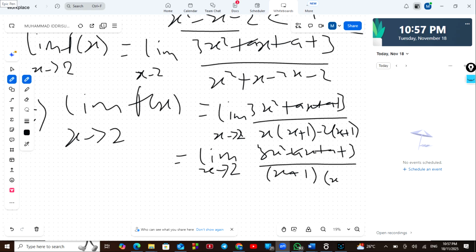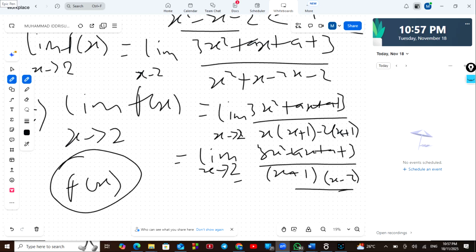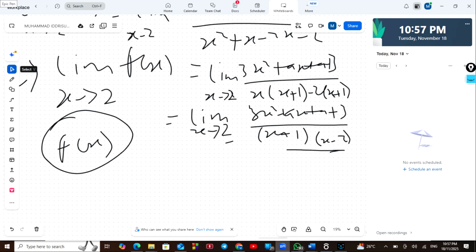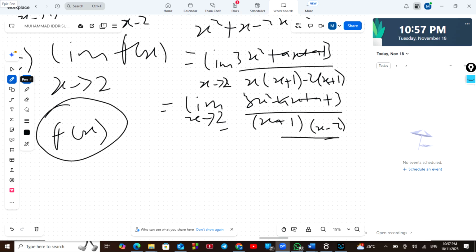Okay, so we know that if we substitute 2 into the denominator, it will become 0. That means that f of x itself does not exist. But since the question suggests that the limit exists, that means that the numerator has a factor x minus 2 multiplying some y.